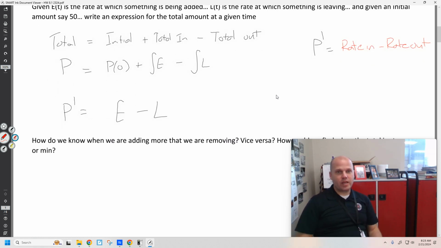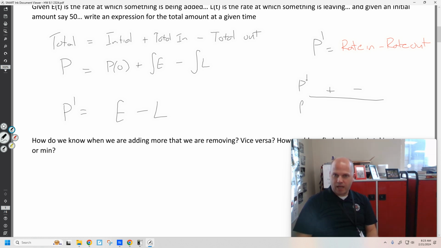Which means we actually, understanding what we learned last unit, we can understand that if we have the derivative of P, and we know how the original thing is changing, we can accumulate the derivative to figure out how much we change.